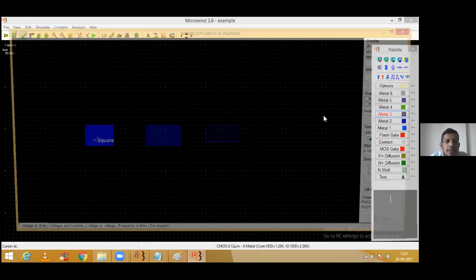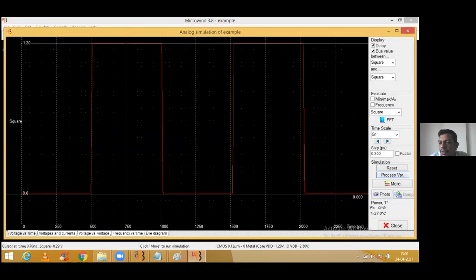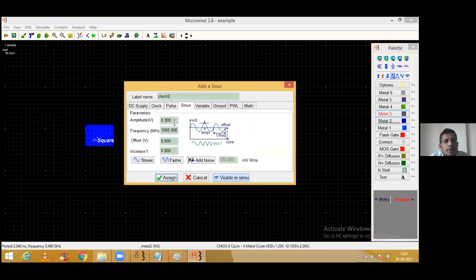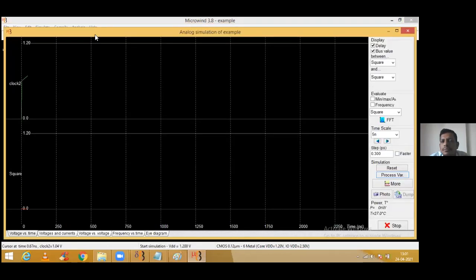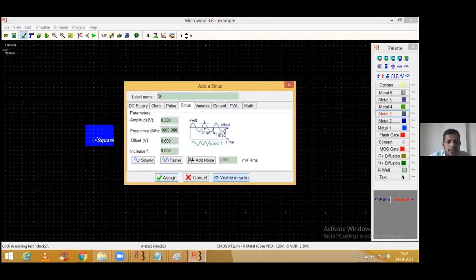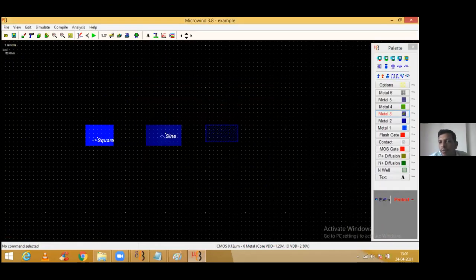Assign square, so definitely that will be a perfect square. What about sine? Assign this one, click on the sine. Any option you can take, amplitude, or you can increase the amplitude. So sine is not an issue. It is a ready-made available signal that you can add. What about the triangular wave?